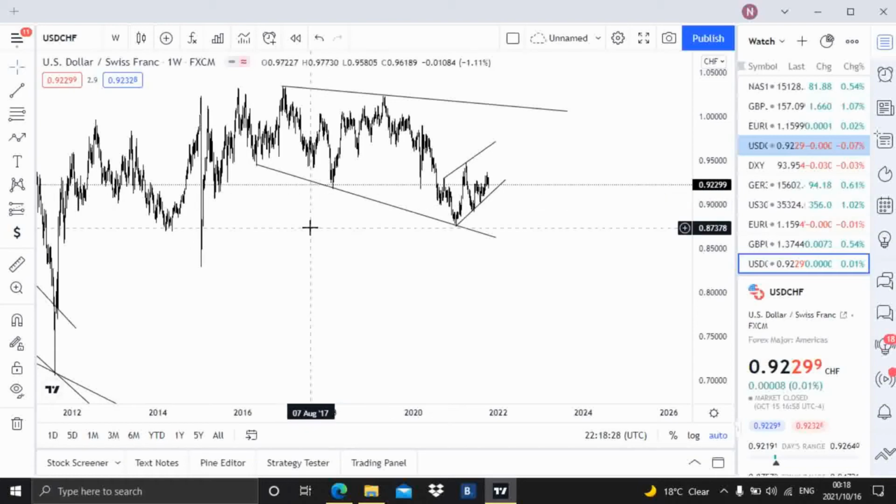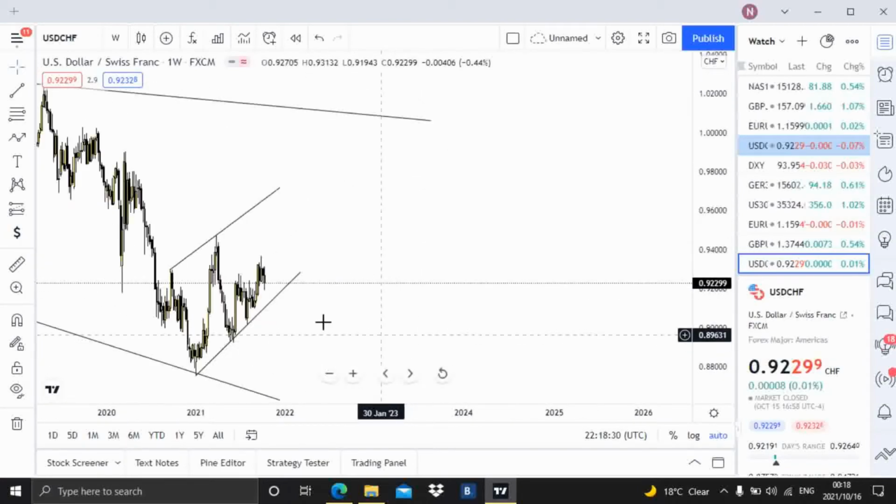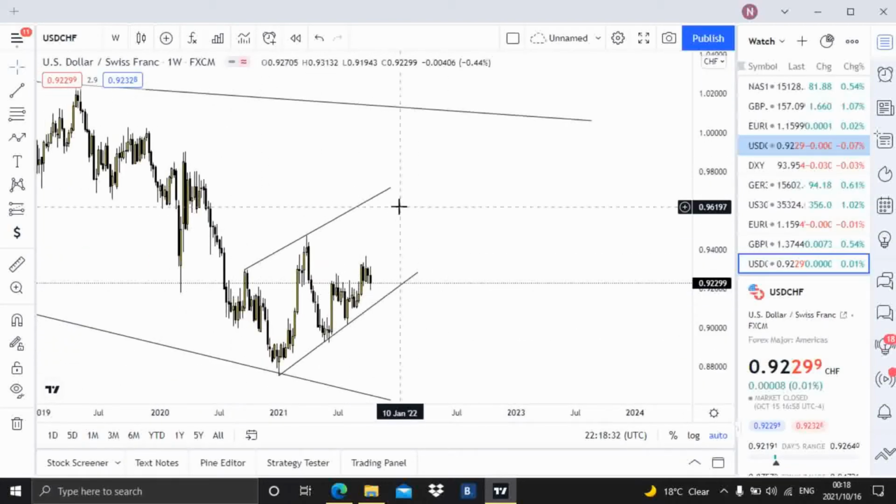So the market is currently in an uptrend on our current price.